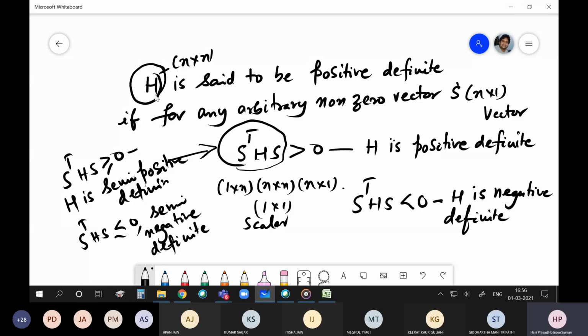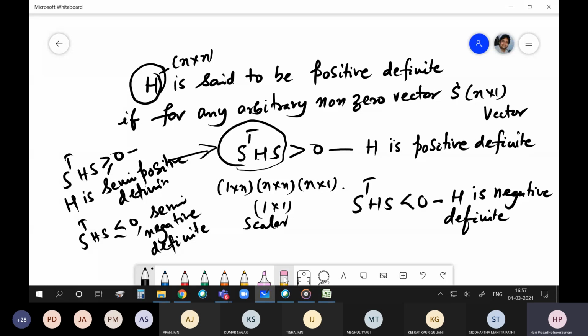If H is positive definite, then we can say the function will be a convex function. If it is semi-positive definite, you will have a local minima. If it is positive definite for all values of x, then it will have a global minima.